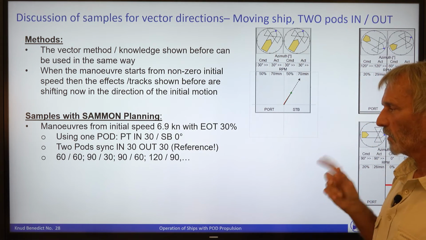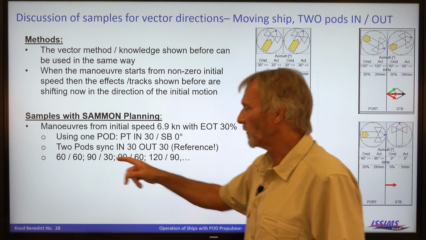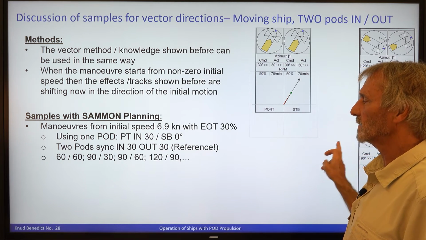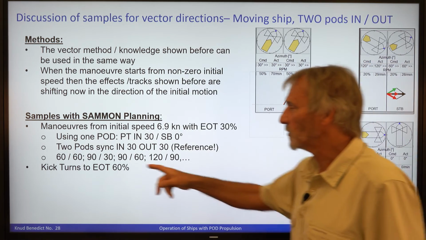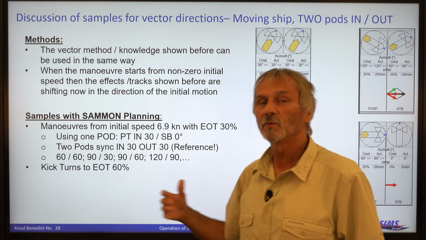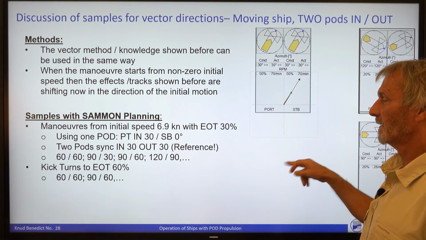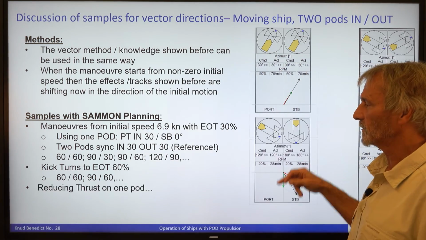And I will also show some other configurations with 60 degrees, 90, 30 and so forth to show the effect of these different angles. And on top, I will also increase the thrust, so-called kick turns, to see what effect we might get with this measure, for the smaller and bigger angles.